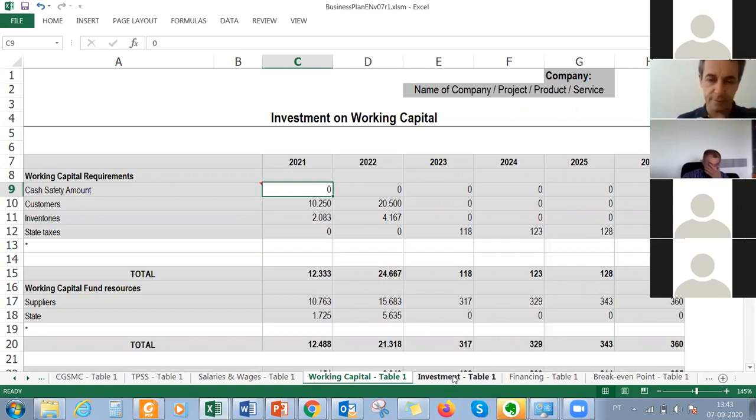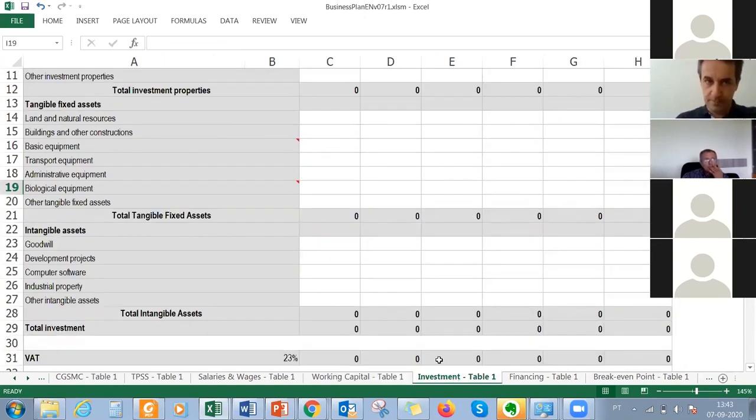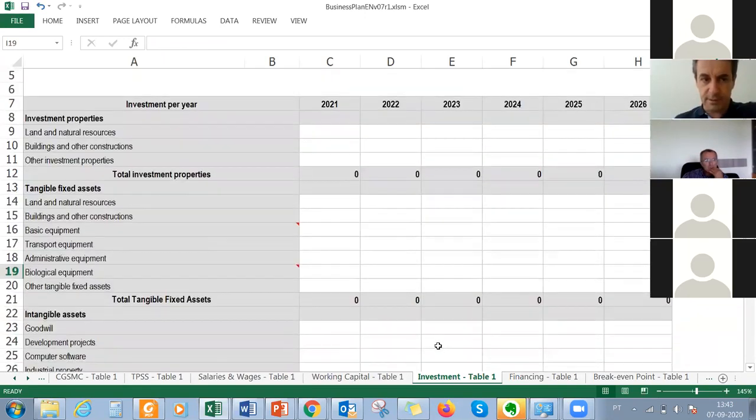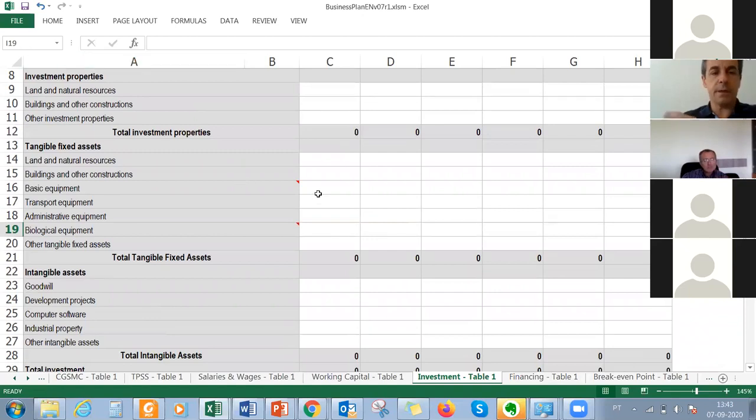More relevant is a fifth template, the one related to investments. You plan to invest in a producing plant, so maybe you have to make a list of the equipment. You need a building, you need land. No, but I need basic equipment.